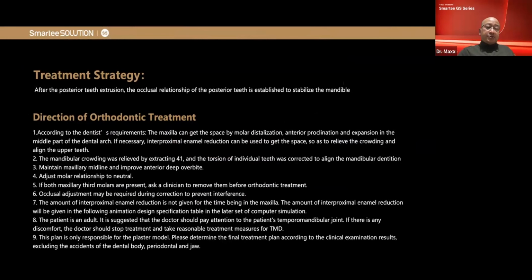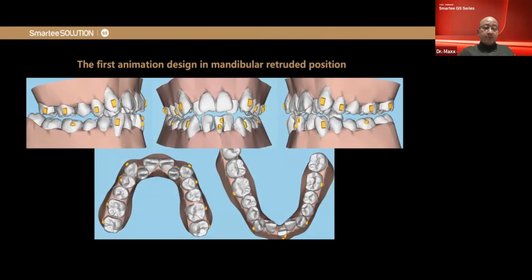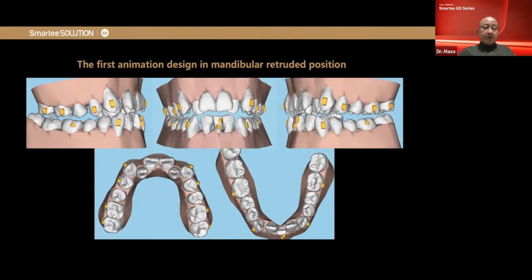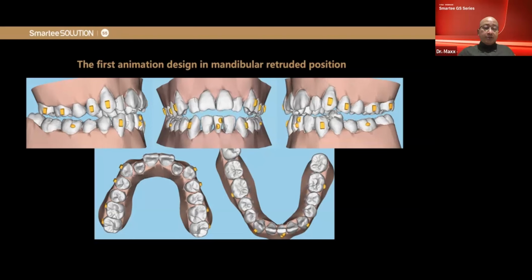This is the treatment stage; due to time limits, I will ignore it. This is the design: we extract one mandibular incisor, and we do expansion. We take molar distalization, and most important, we procline the two lateral incisors. But is there any interference between the upper and the lower dentition?